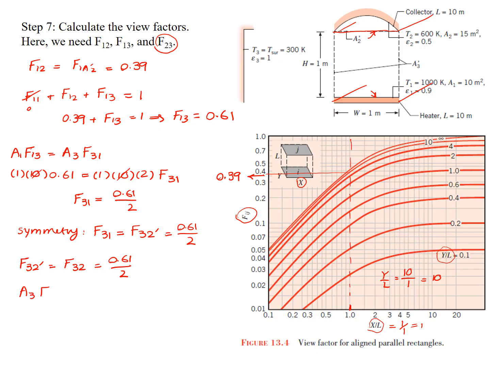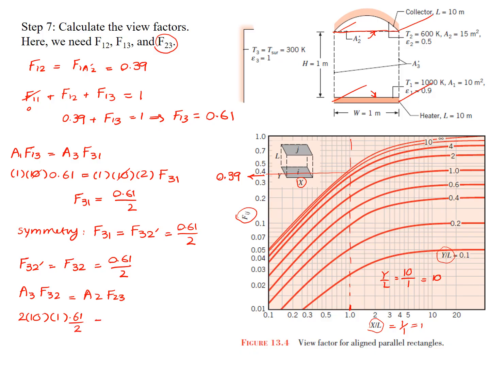A3 F32 should be equal to A2 F23. So area 3 is going to be my surroundings. That is 2 sides, 10 meters length, and the distance is 1. So that's my A3. F32, I already calculated that to be 0.61 divided by 2.